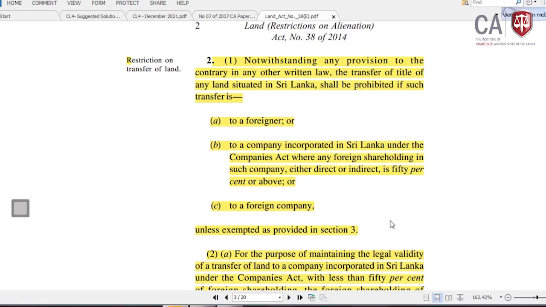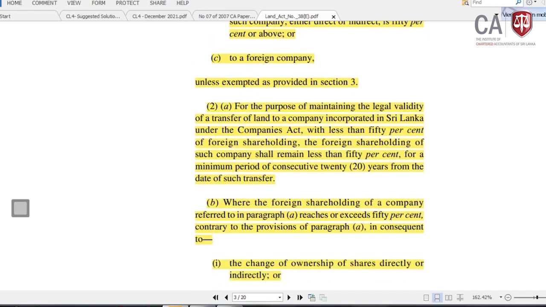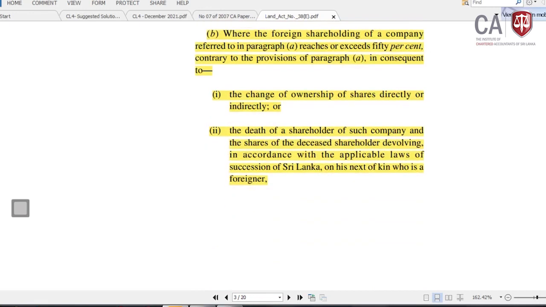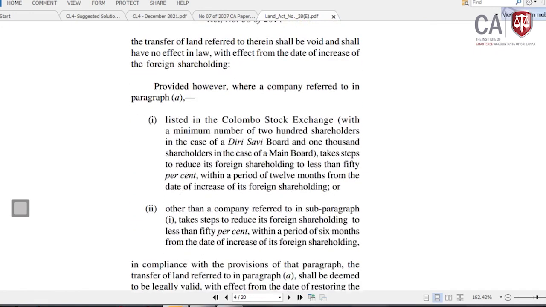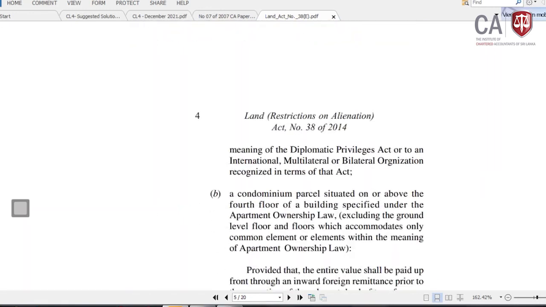Unless exempted as provided in section 3, but he does not come under any of these exemptions. Then about the lease, you should go to section 5.